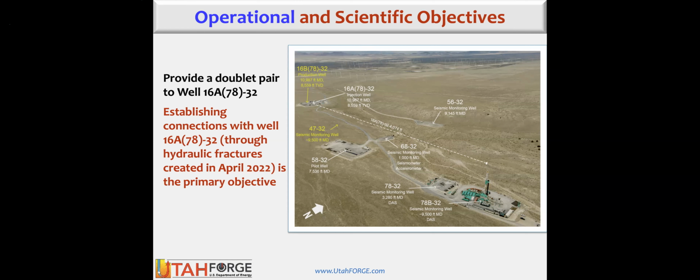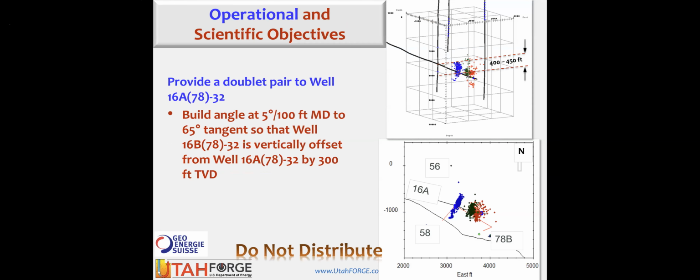And so that kind of comes into some of the key things that's driving the design of 16B. Now, once again, these are some John slides. He borrowed some of this information from our colleagues at GeoEnergy Swiss and from the Seismic team who are processing the data. So some of the design, and we talked about this with a stat, is to make as few potential variables as we try to evaluate different stimulation techniques in Forge for this initial well.